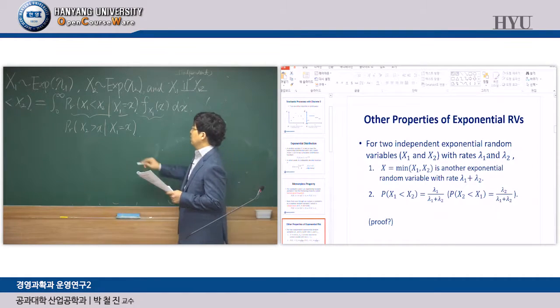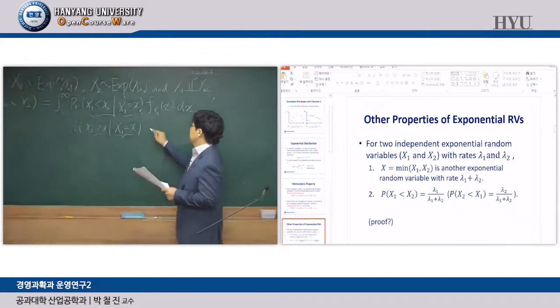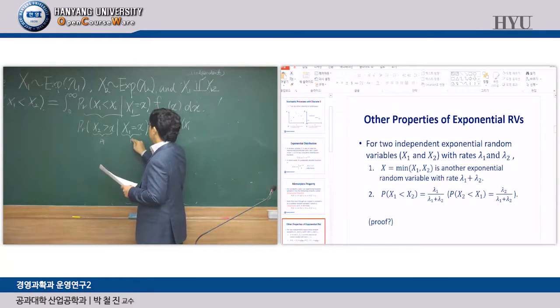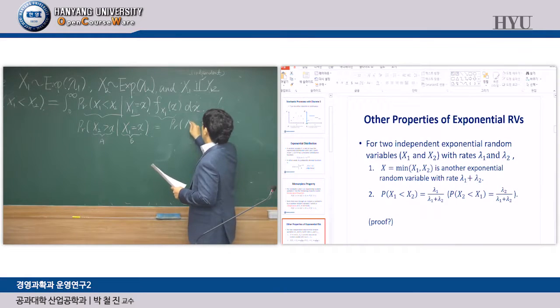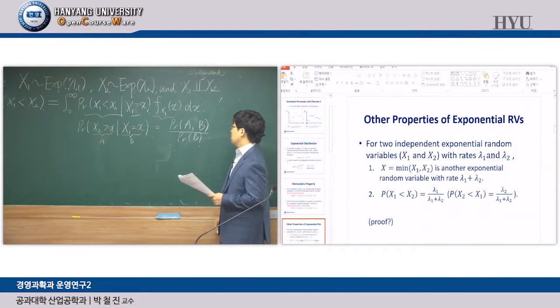And then we know that large X1 is independent of large X2. So let's say this event is A, this event is B, then this one can be written as the probability that A and B occur at the same time over the probability of B. And the thing is, these events are independent.